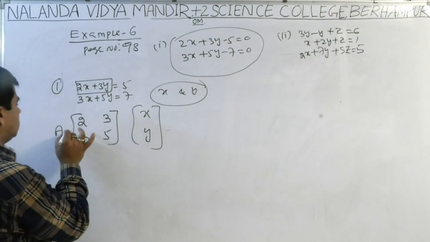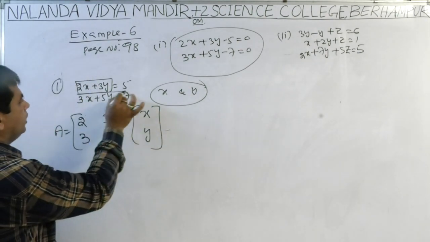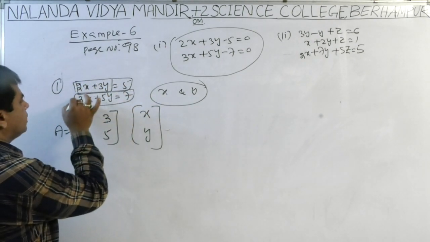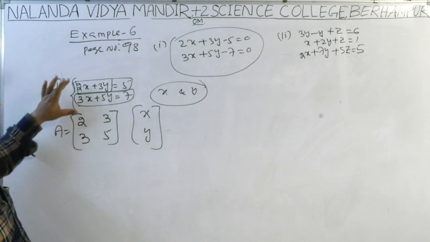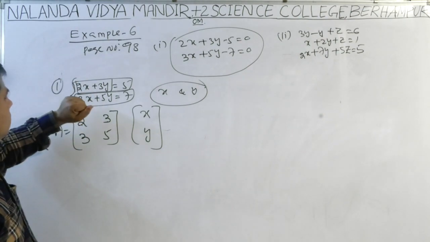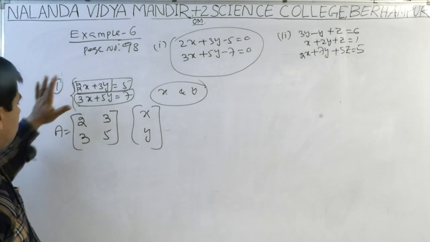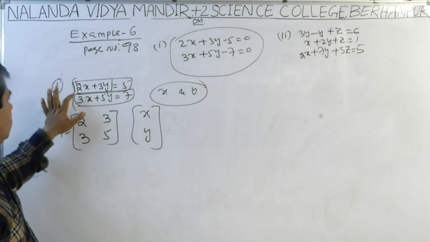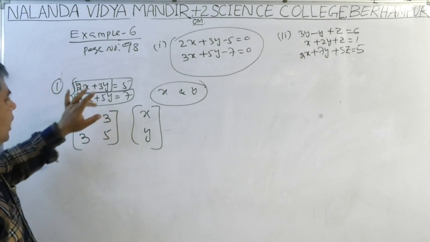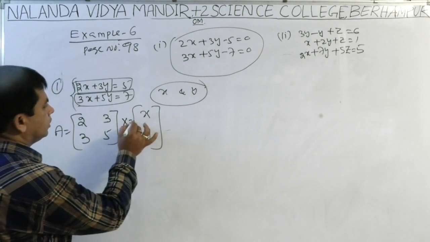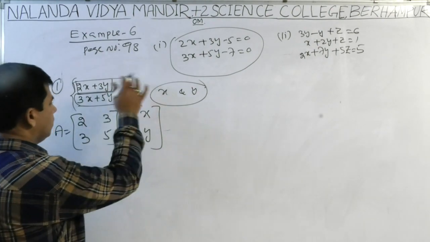Therefore, in this equation we take the coefficients of the variables and construct a matrix A that is equal to 2, 3, 3, 5, and the variables matrix X is equal to x, y.